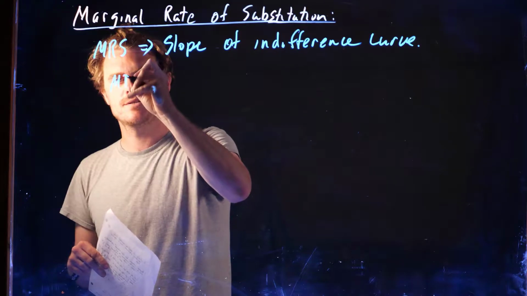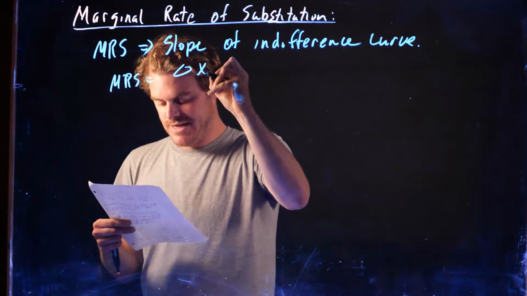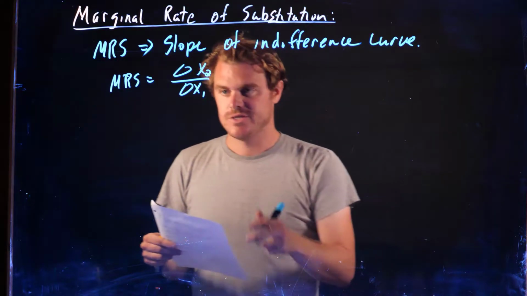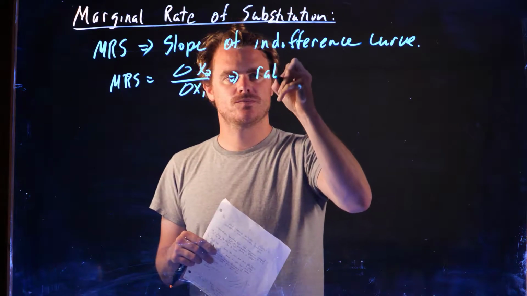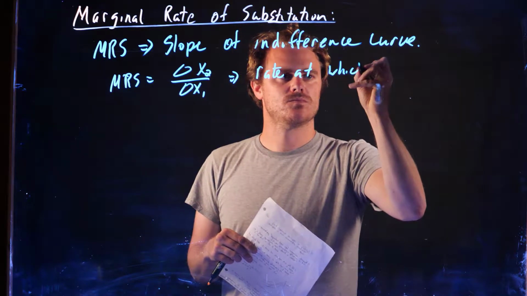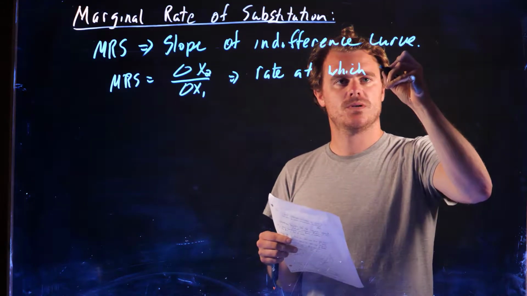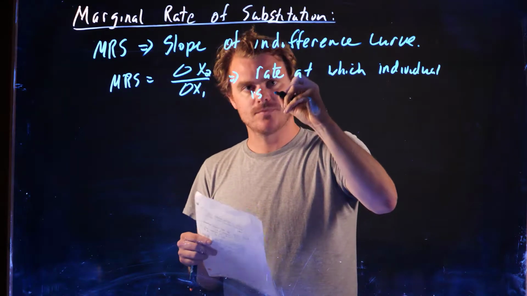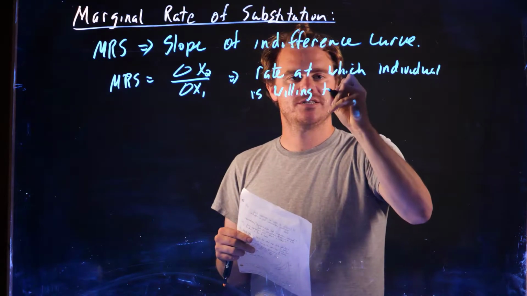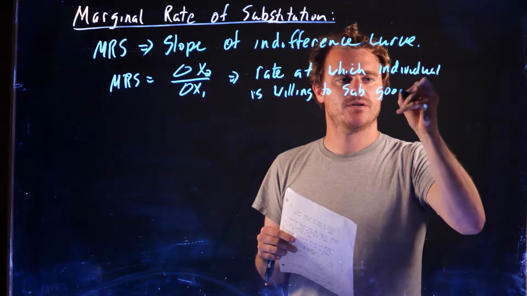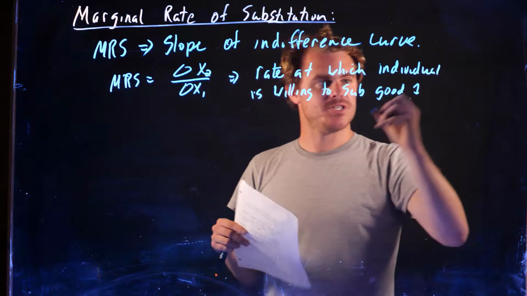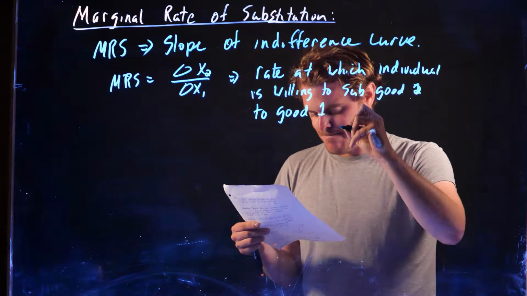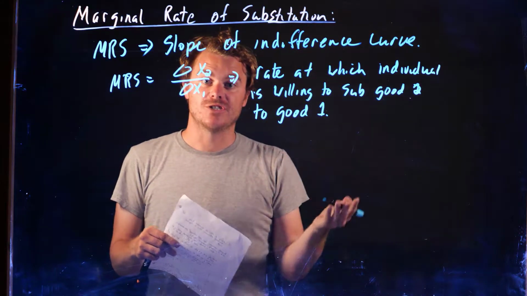So the MRS is the change in x2 over the change in x1 along this indifference curve. So it's the rate at which the individual is willing to substitute good 2 for good 1, and still remain indifferent towards the bundles.